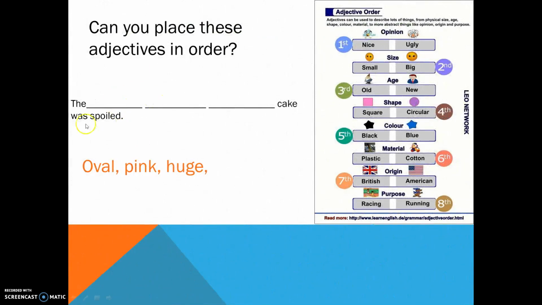Okay. So we said size, shape, and color. So the huge oval pink cake was spoiled. Okay, and you can try doing this on your own, changing the sentence up a bit, and have this to help guide you.